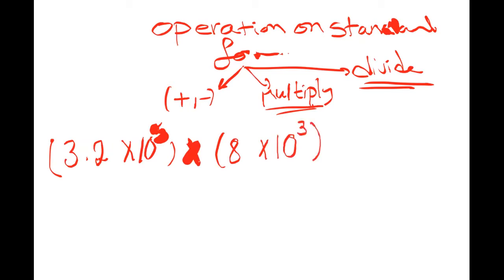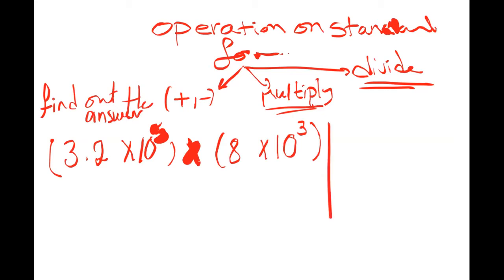And I ask you to solve or find the answer, then write it in standard form. So we have two procedures. We can write the number in ordinary form, and the other number in ordinary form, and then put it back in standard form.